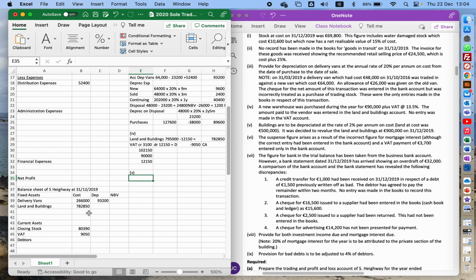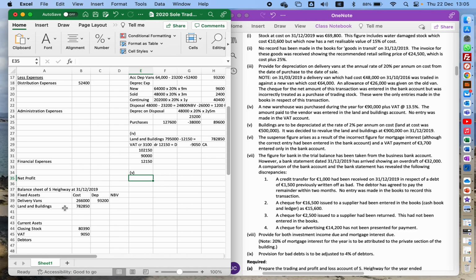So just in terms of exam technique, what I would advise you to do is, when we did note number 4, put that figure for land and buildings in the same way as I've done. And now that we need to change our land and buildings, we're going to put a pen through that and put the correct figure beside it. It just speeds things up in the exam. So first thing I need to do is my depreciation.